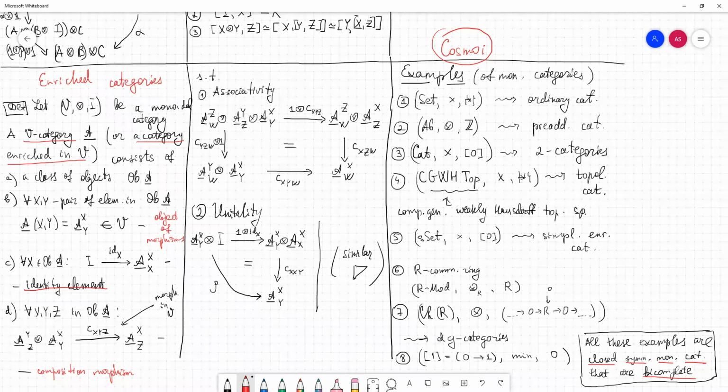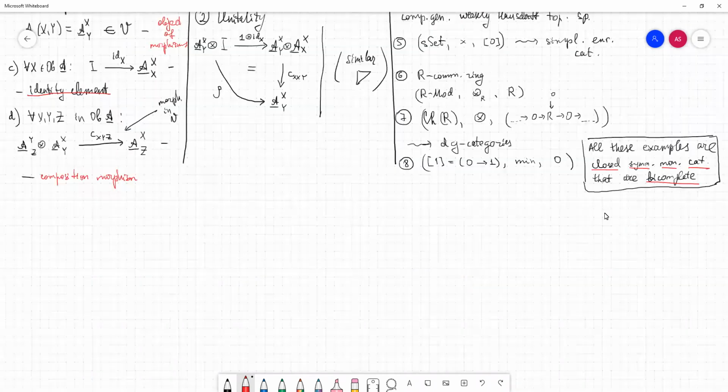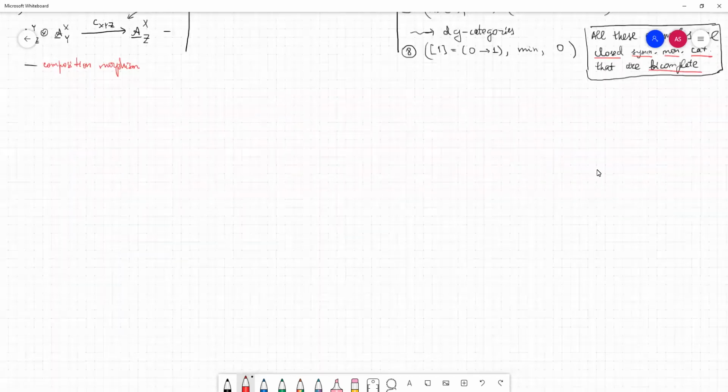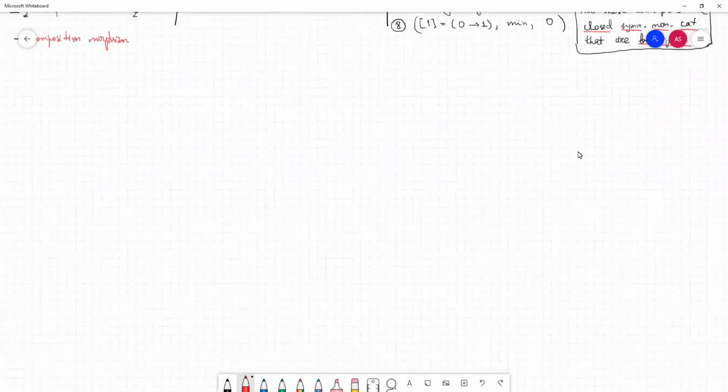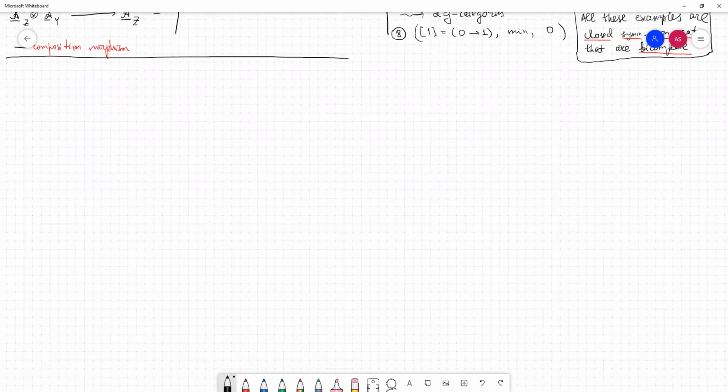And you, one way or another, are thinking about a certain cosmos. So everything is okay. A cosmos keeps things perfect. It's a paradise for doing enriched category theory. From now on, I will not always describe what type of category I'm working with. You can always think that I'm assuming this to be a cosmos. So it will always be enough.